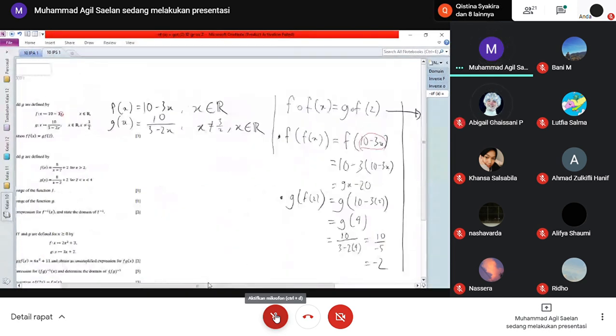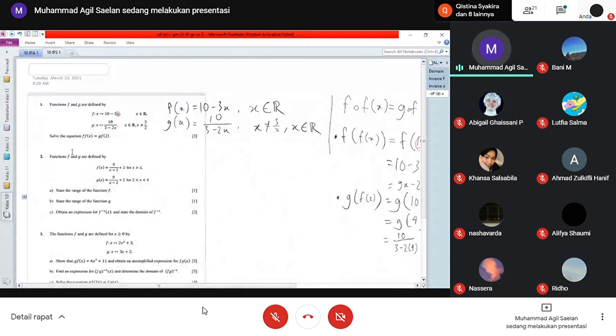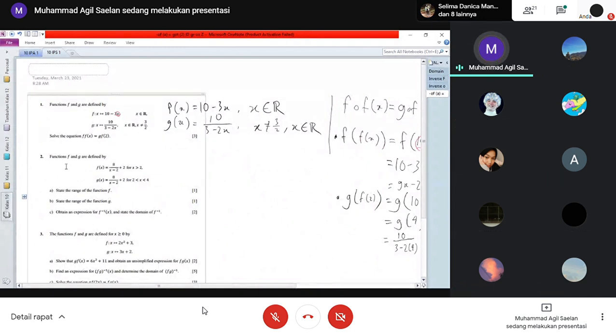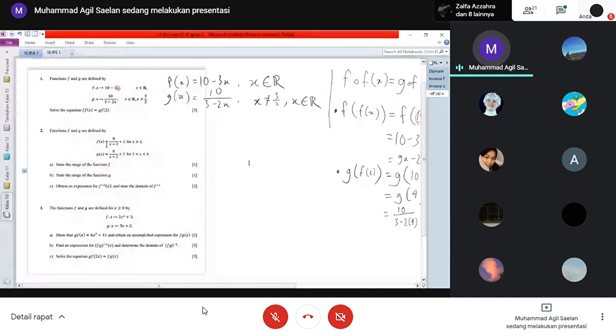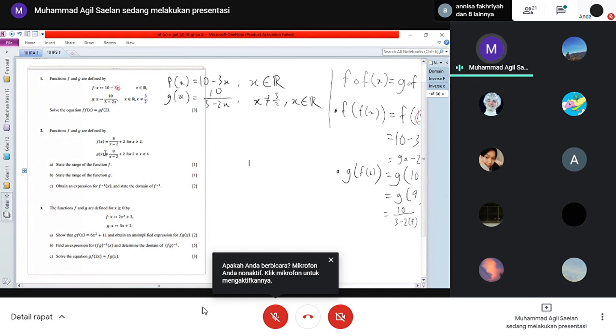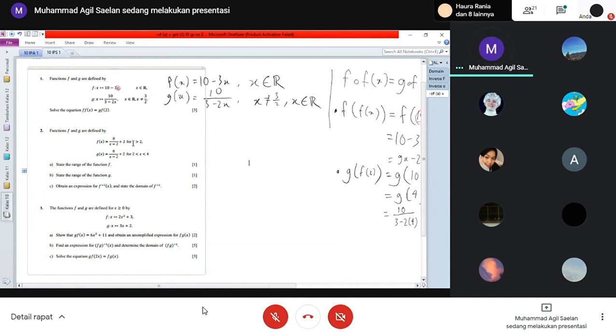So now let's continue with the second problem. Again we have two functions, f and g. They are pretty similar: f of x equals 8 divided by x minus 2, plus 2, and so is g of x. The difference is in the domain.